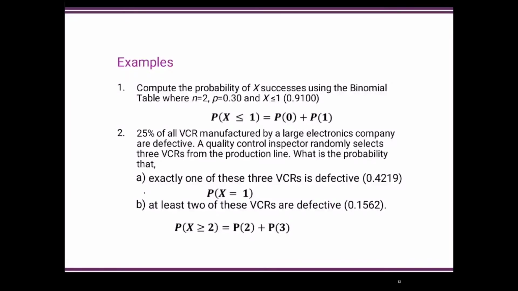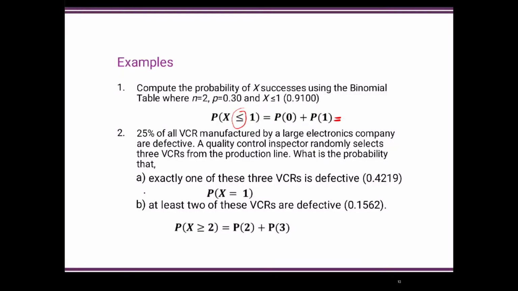Okay, compute the probability of X successes using the binomial table where n equals 2, p equals 0.3 and x less or equal 1. Yang ni x less or equal 1. Maksudnya sama dengan probability of 0 plus probability of 1.